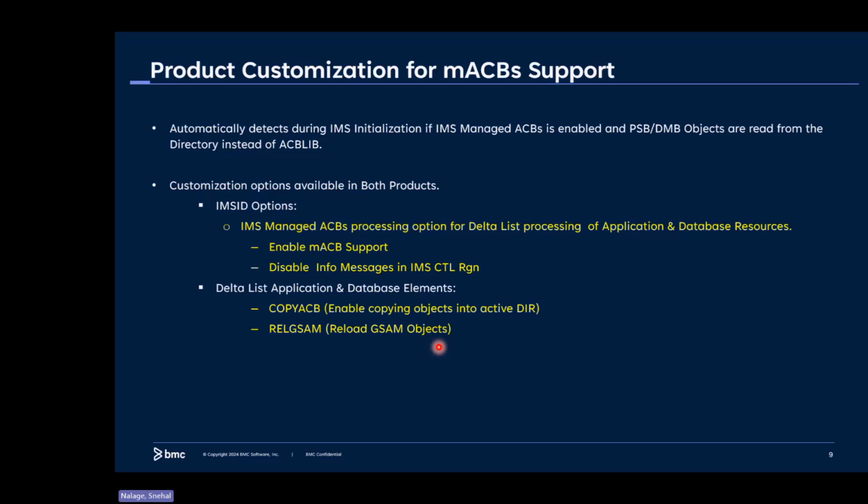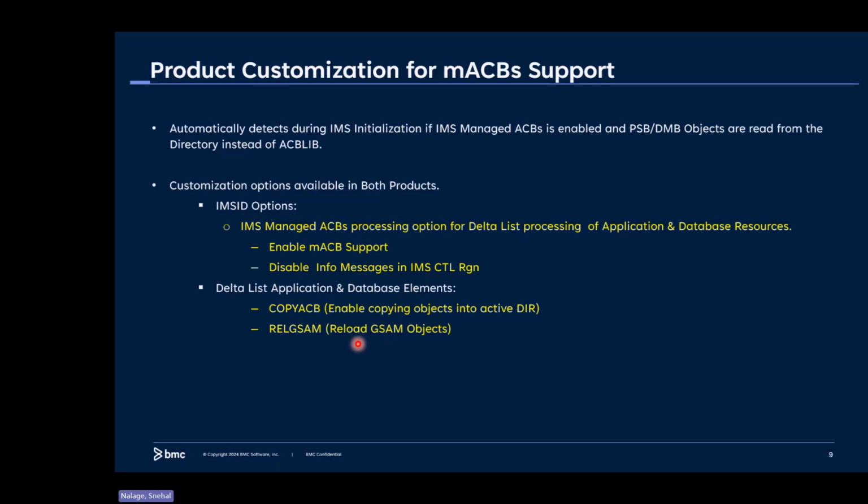And hence, they definitely need special handling in the managed ACBs environment. And that's when we introduced this new option, which allows you to perform the reload action on the GSAM databases and the applications, even though those databases and applications are not defined to IMS. The primary purpose of this request is to copy the DMB and the PSB objects from the staging to the active directory.